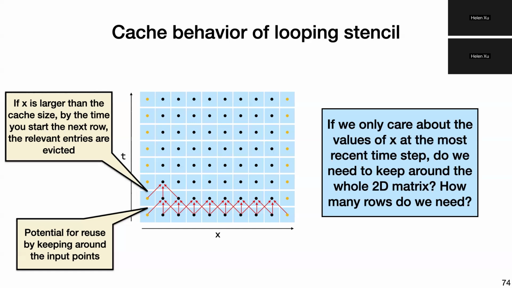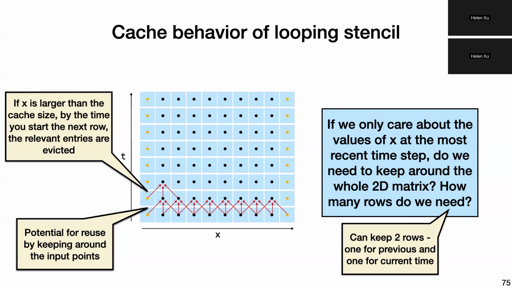Good. We only actually need to keep around 2 rows, because to compute layer t+1, we only need layer t. One for previous and one for current. Then you can do this even-odd thing where previous and current swap between 0 and 1. I think it's in the homework how to do this, but the same idea applies.